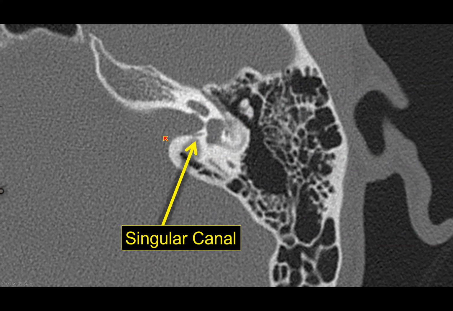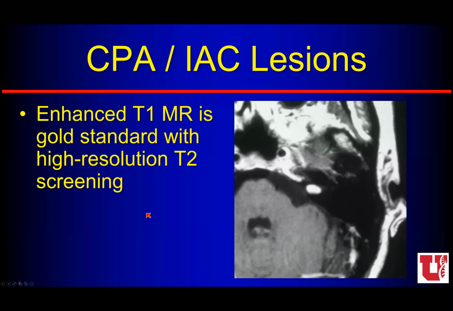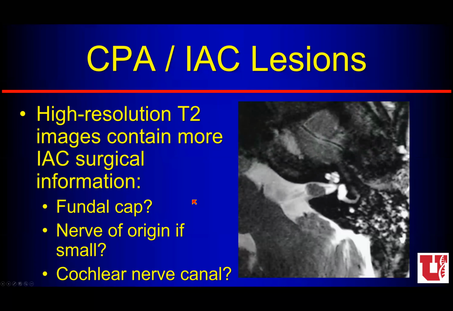Now, when we're evaluating the CP angle and the IAC, we think about post-contrast T1 being the gold standard to evaluate those areas. But more and more frequently, if I just have an older patient with hearing loss, I do a high-resolution CSF bright or T2 weighted sequence to evaluate.